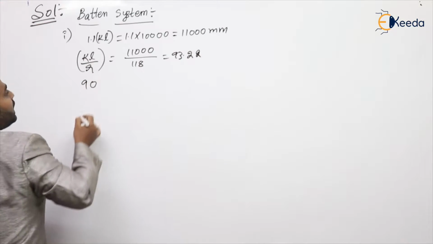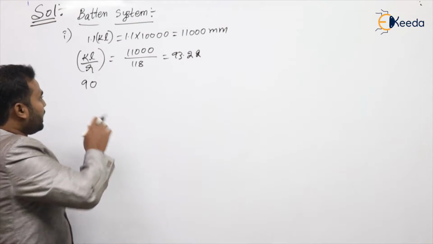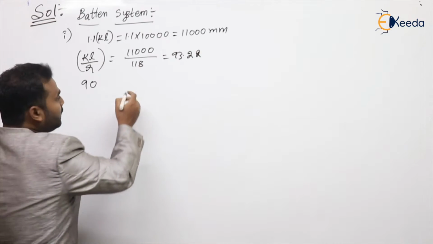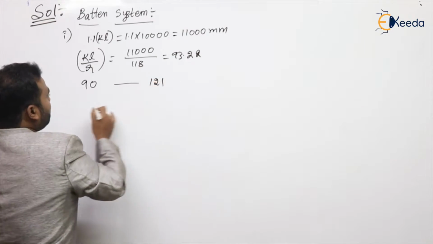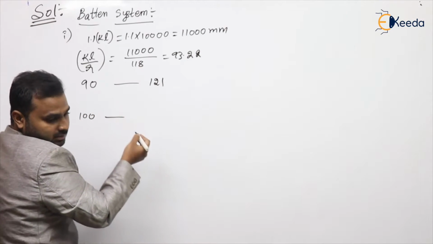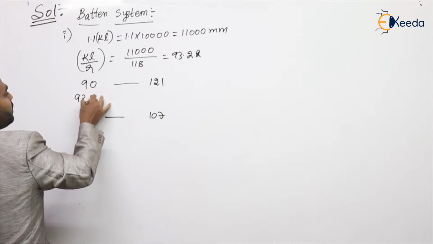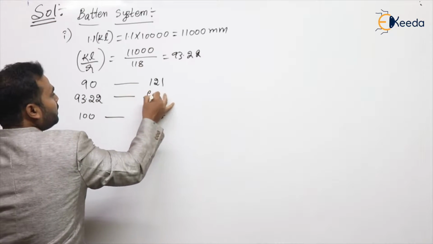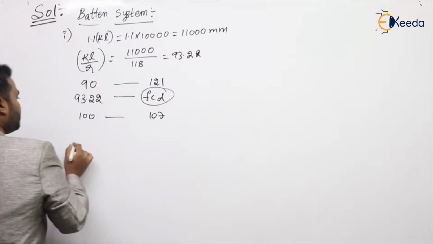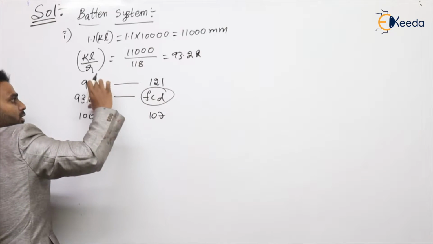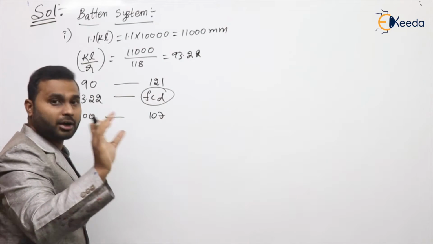Come back to our discussion. As standard values, for slenderness ratio 90, FCD is 121, and for 100 it is 107. Now we want FCD for 93.22. By these known values, we can find it by linear interpolation.